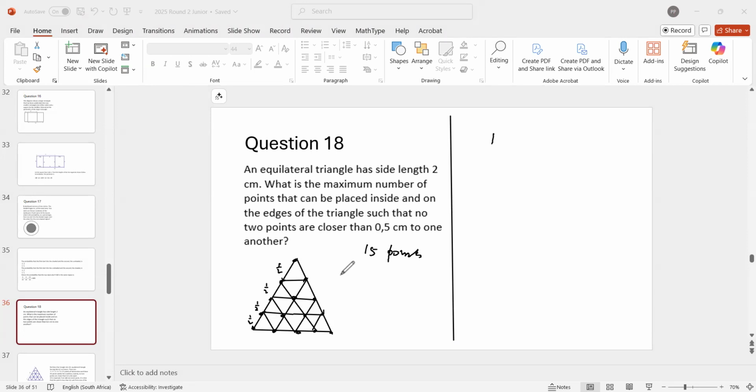The 16th point is inside one of the triangles. It has to be one of the triangles.